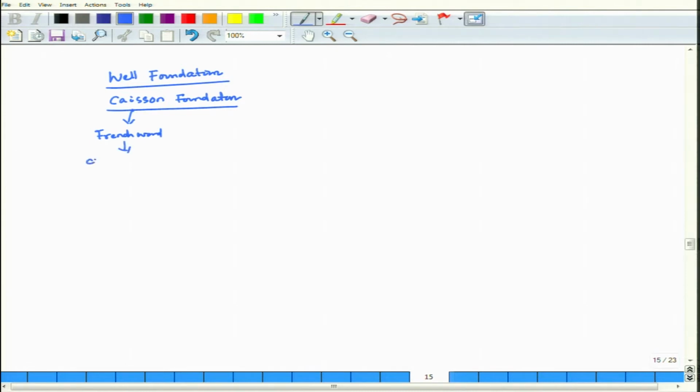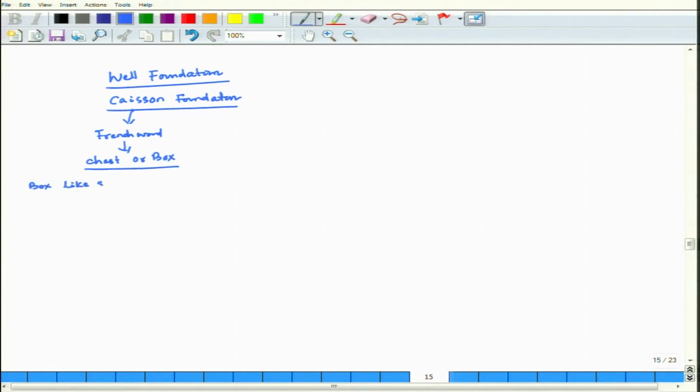Caisson means chest or box. So particularly it is either a chest-like or box-like structure. That means it may be rectangular or circular, which is sunk from the surface of either land or water to some desired depth.